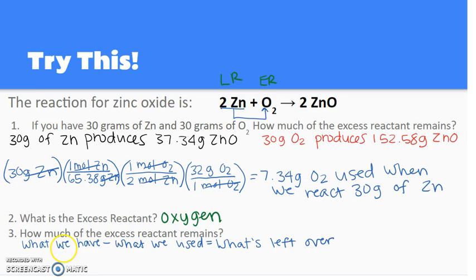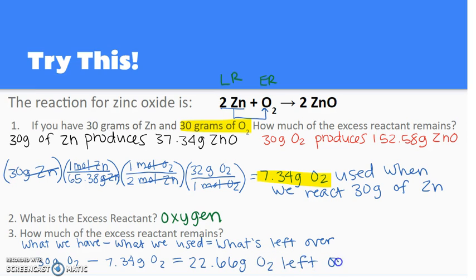So we have 30 grams of O2 minus what we used, 7.34 grams of O2, equals what's left over: 22.66 grams of O2 left over.